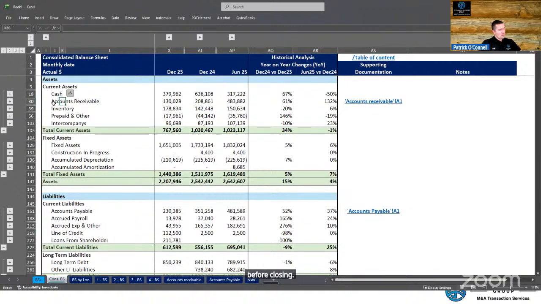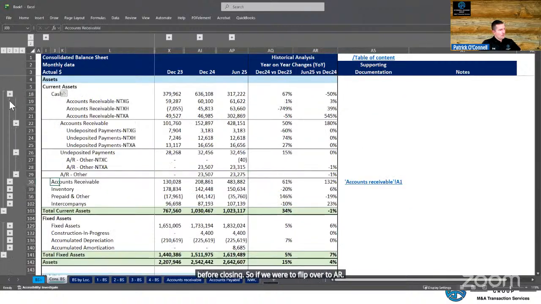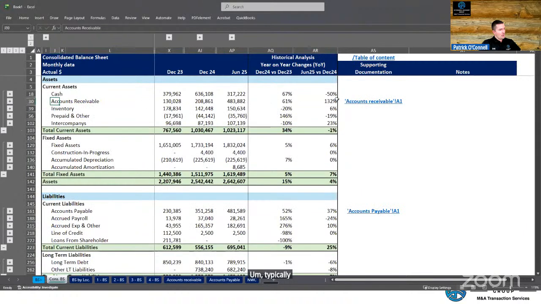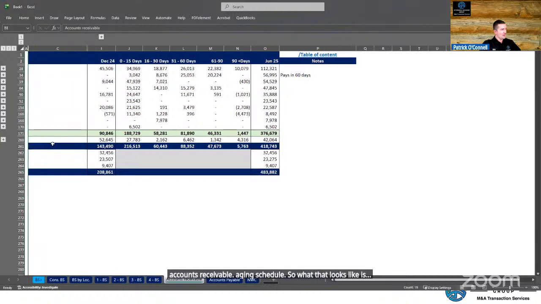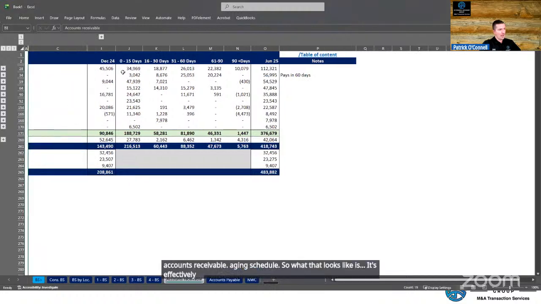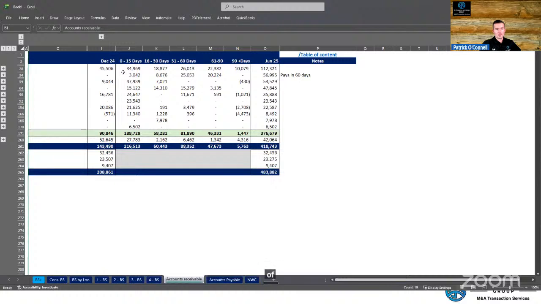So if we were to flip over to AR, typically what I will do is conduct an accounts receivable aging schedule. What that looks like is it's effectively a line by line item of the accounts receivable by vendor over the historical period.